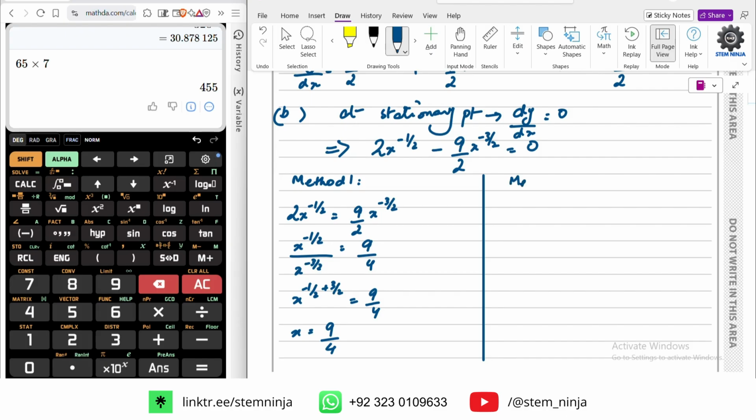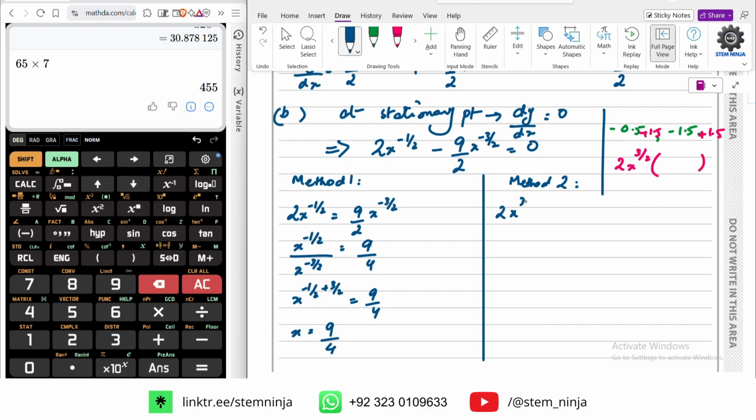Now method 2 would require a similar process but likely in a quadratic form. So we know that you have powers minus 0.5 and minus 1.5. So to make the powers into integer forms, we need to add 1.5 to both, positive 1.5. So what that means is we need to multiply both terms by x to the 3 by 2.